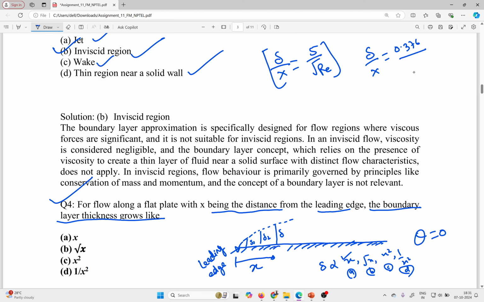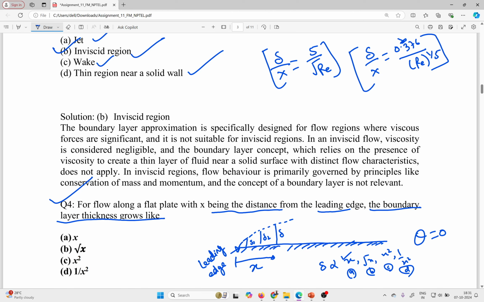This is as per Blasius. It may be different for other researchers who carried out the experiment a different way, so maybe this fraction will be different.